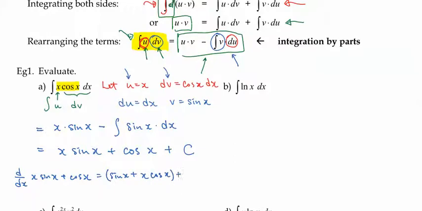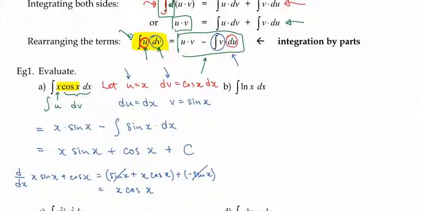And then differentiating your cosine x, it will give us negative sine x. And sine x and negative sine x will actually cancel each other out, giving us x cos x at the end. So using this magic formula, you will be able to integrate something that is not easy to integrate at the beginning.